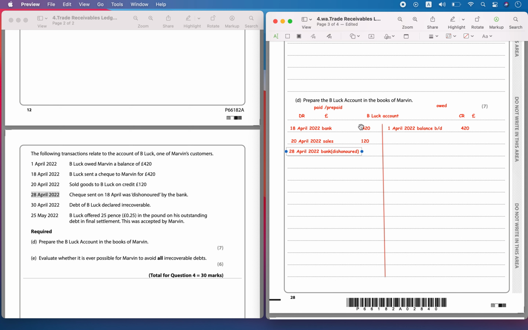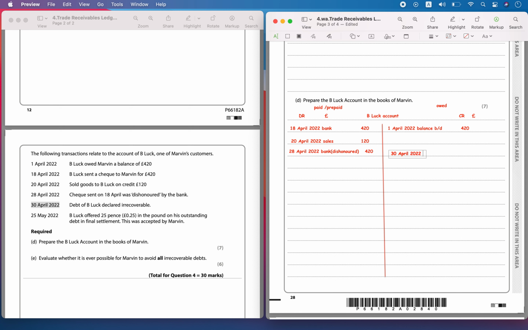Dishonored check, so the amount was 420. Then on 30th April it was declared as irrecoverable. So it was transferred to the irrecoverable debt account.